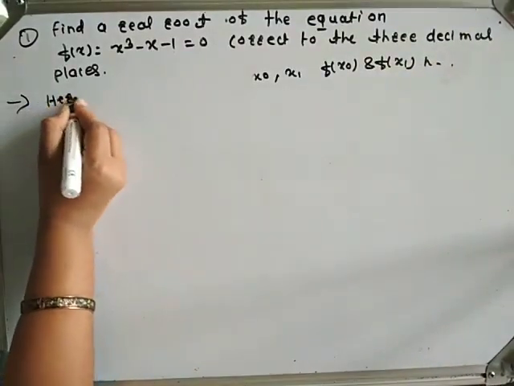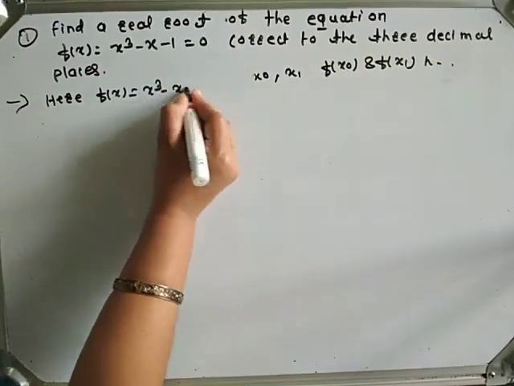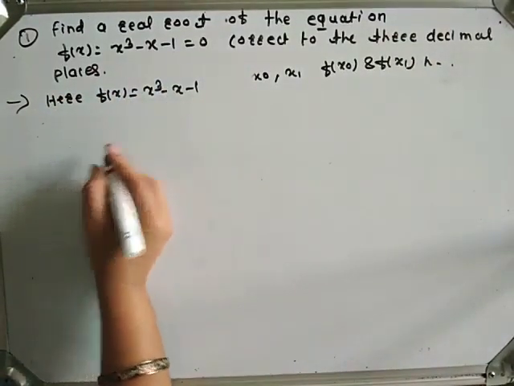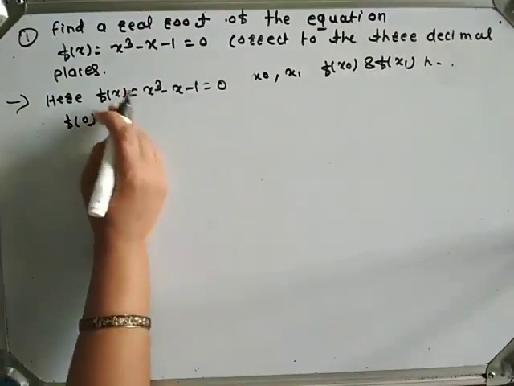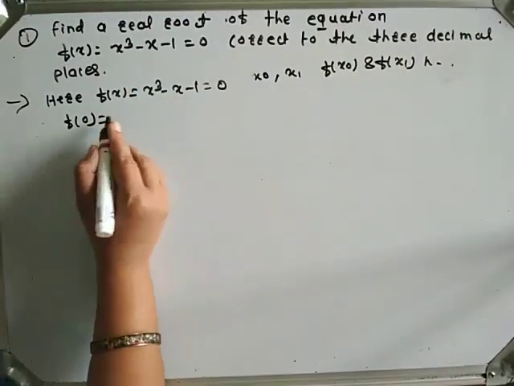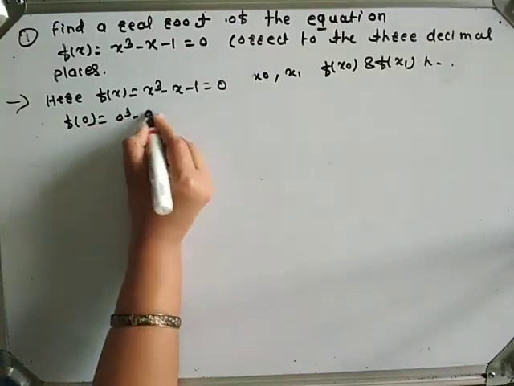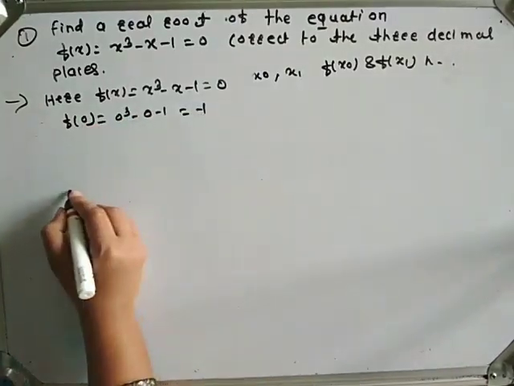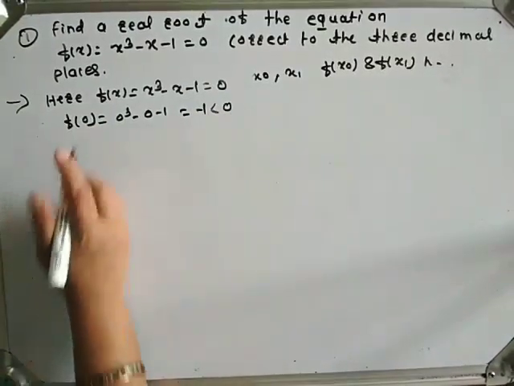We have f of x is equal to x cube minus x minus 1. Suppose I put x is equal to 0, we get 0 cube minus 0 minus 1, which is equal to minus 1, less than 0.